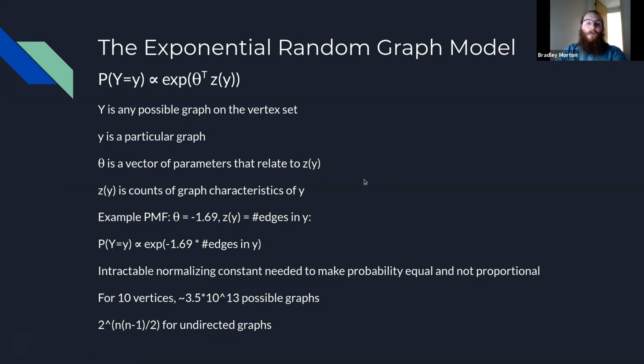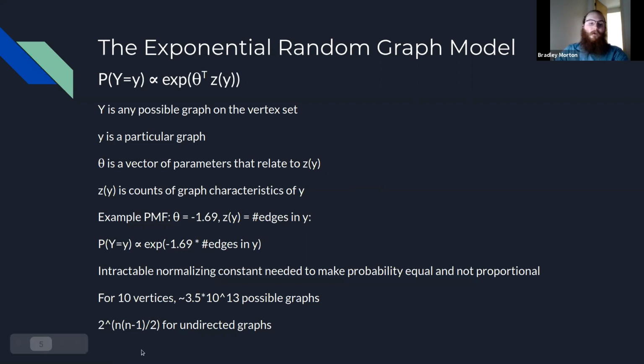If we want to get the probability equal, then we need to find a normalizing constant. And unfortunately, those normalizing constants in all but a few examples end up being intractable. So if we have 10 vertices, there are about 35 trillion possible graphs.